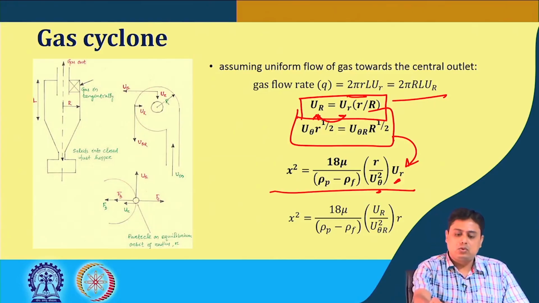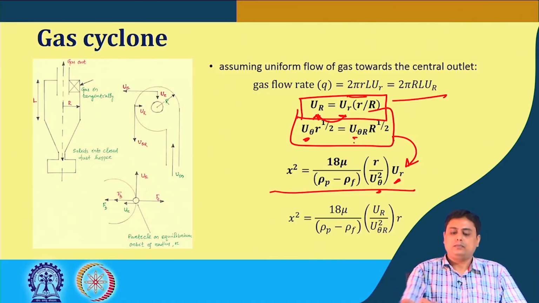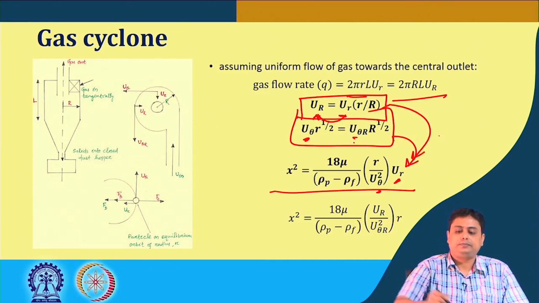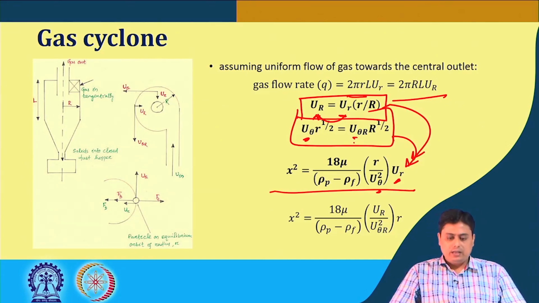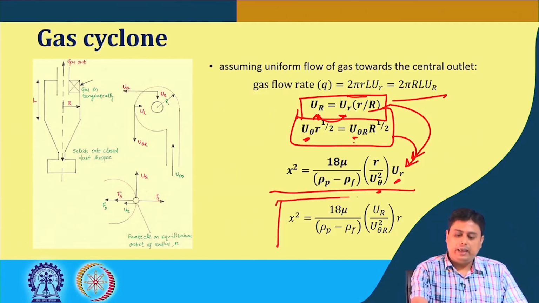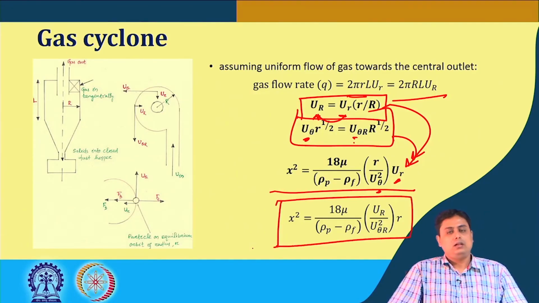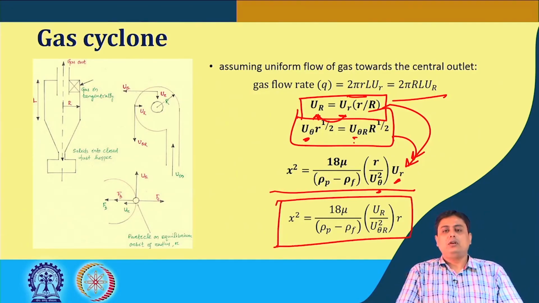Now, we replace u small r in terms of u capital R and u theta in terms of u theta R in this expression. We get x and the relation of small r in terms of all known quantities.